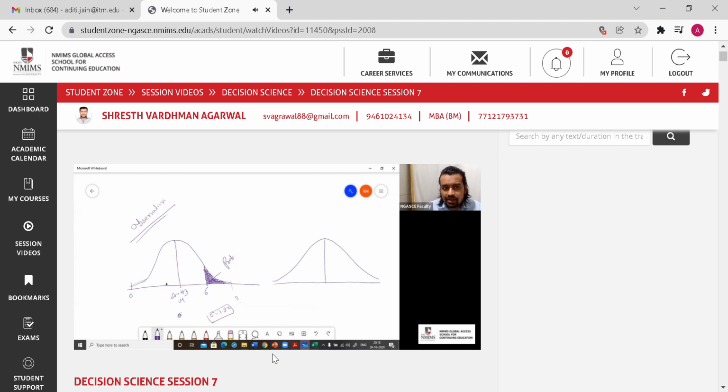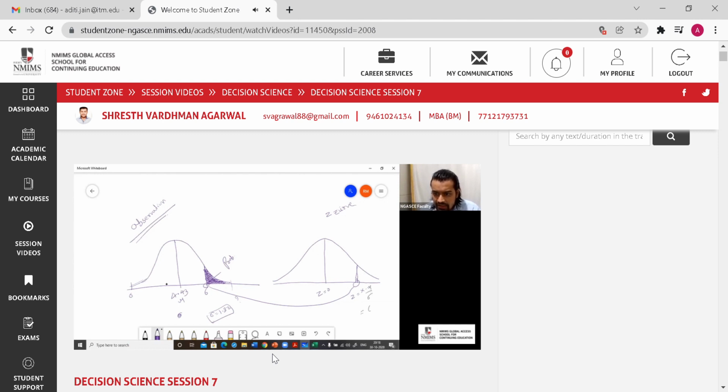So this is a Z curve. We need to calculate this. Z equals x minus mu divided by standard deviation.